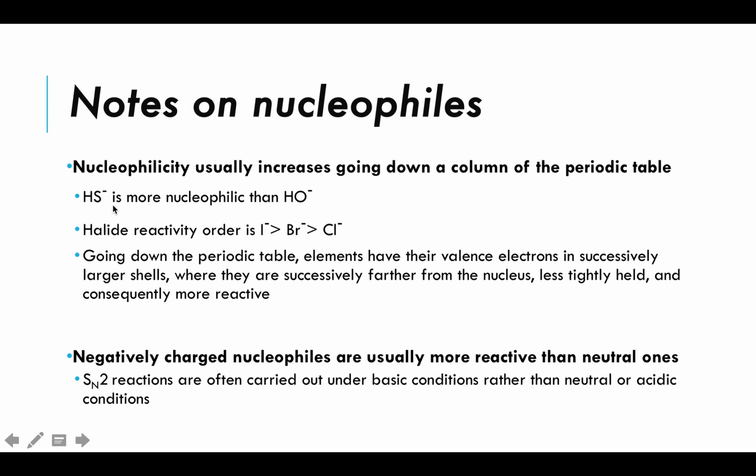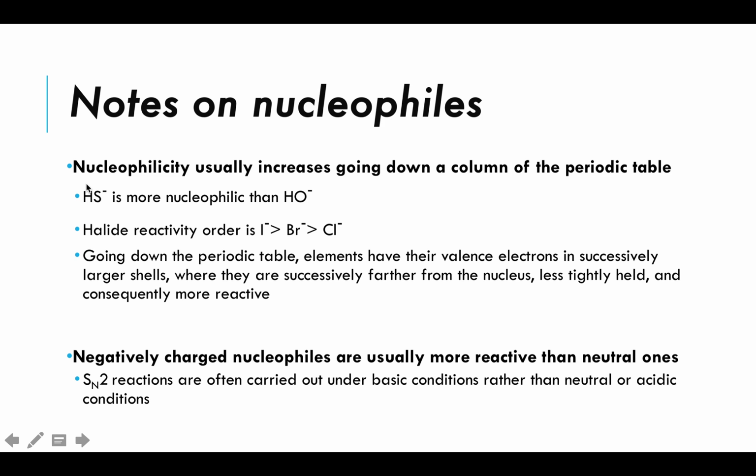So the HS ion, the hydrogen sulfide ion, is actually more nucleophilic than the hydroxide ion. The hydroxide ion is a lot more basic than this because oxygen is smaller, so it has a more concentrated negative charge.